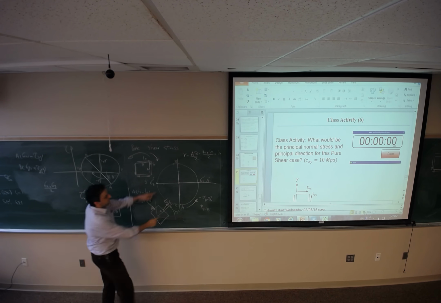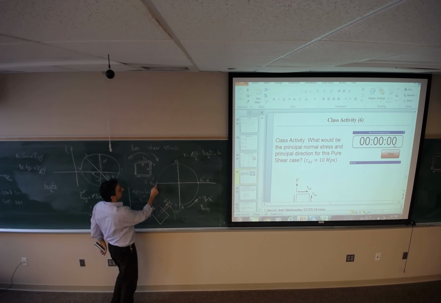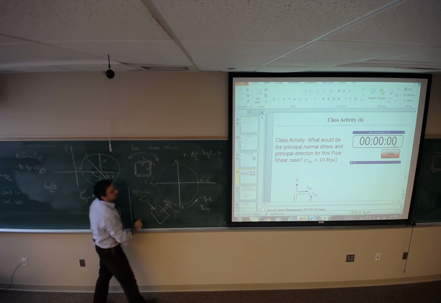If you want to rotate in this direction, point A is going to see negative 10, and point B is going to see positive 10.